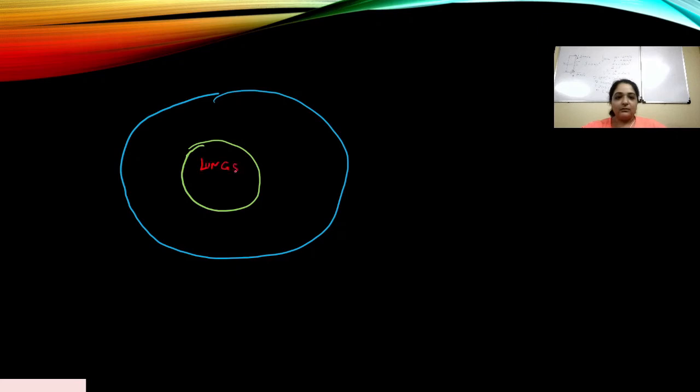Lungs. Thoracic cavity. Okay, so now, and this is your intrapleural cavity.